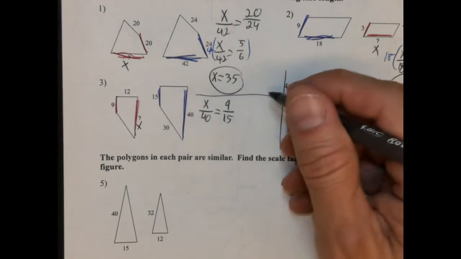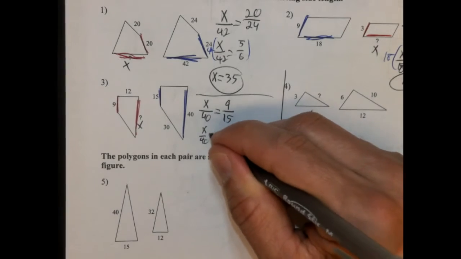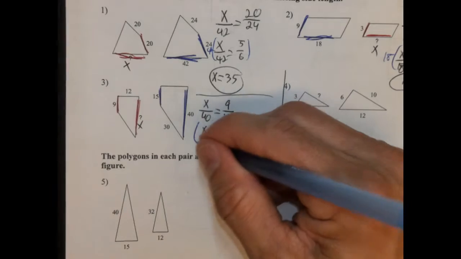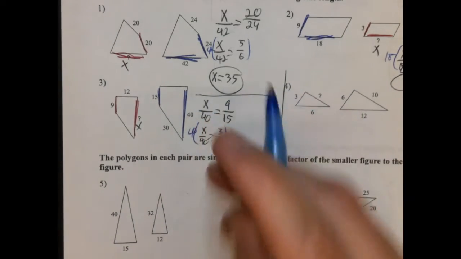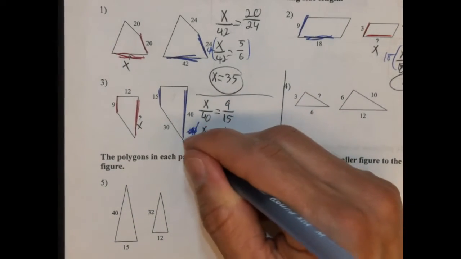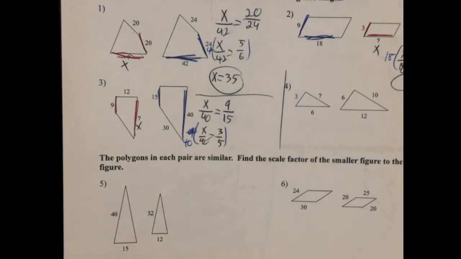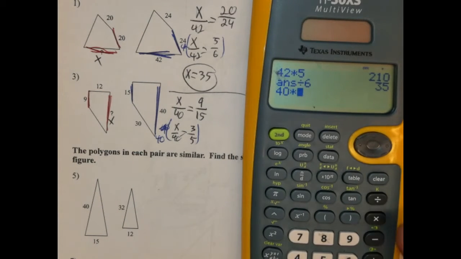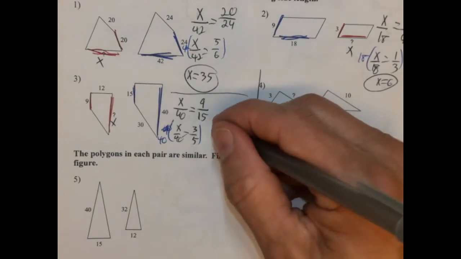Again, I can divide these by 3, so x over 40 is 3/5. Multiply both sides by 40 because that's in the denominator. You can cross multiply too if you want, but it's just quicker this way. This is how I do it, I find it easier. So 40 times 3 divided by 5 is 24. So x equals 24.